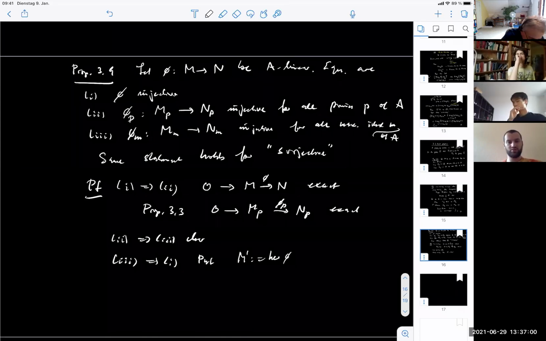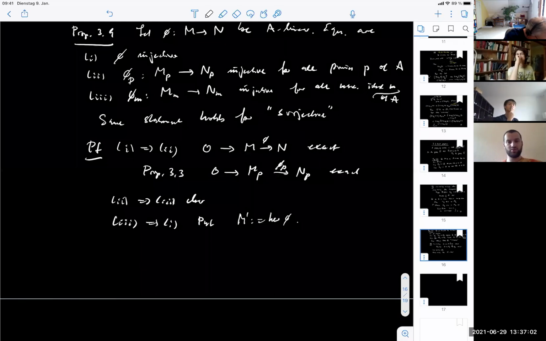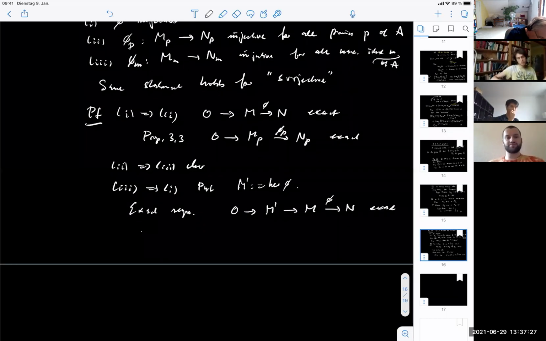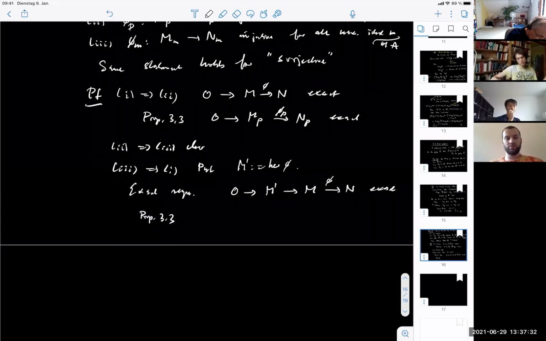Let's first express this by a sequence. I have the exact sequence 0, M prime, M, N. This is exact. Here is phi, and the other map is the inclusion. Then, by proposition 3-3, I take scalar extension with respect to a maximal ideal M and I get an exact sequence.